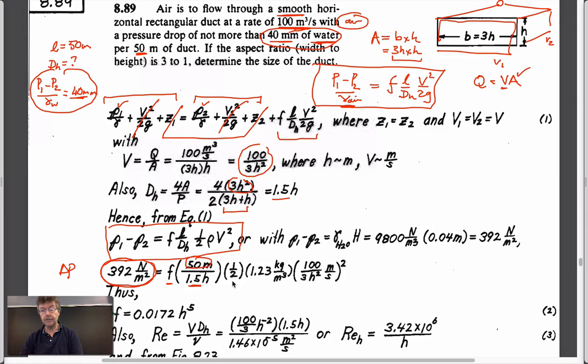It's equal to a half density of air times velocity squared. And velocity is defined in terms of h. The hydraulic diameter is defined in terms of h. And so also the friction factor is defined in terms of h as well.